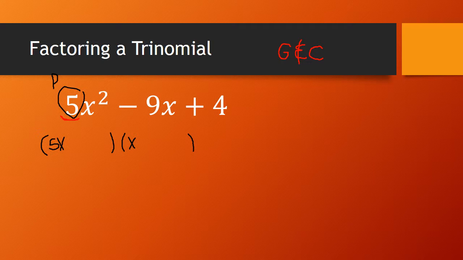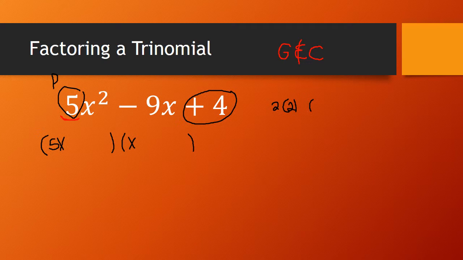I know that the last number in the trinomial is the product of the numbers inside the binomials. So, thinking about the factors that I can use, I know these two factors need to have the same sign for me to be able to have 4 at the end. So my choices can be 2 and 2, because 2 times 2 is 4.